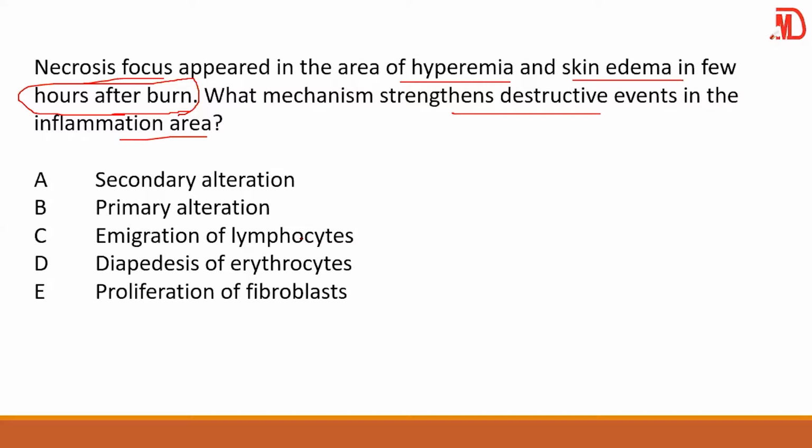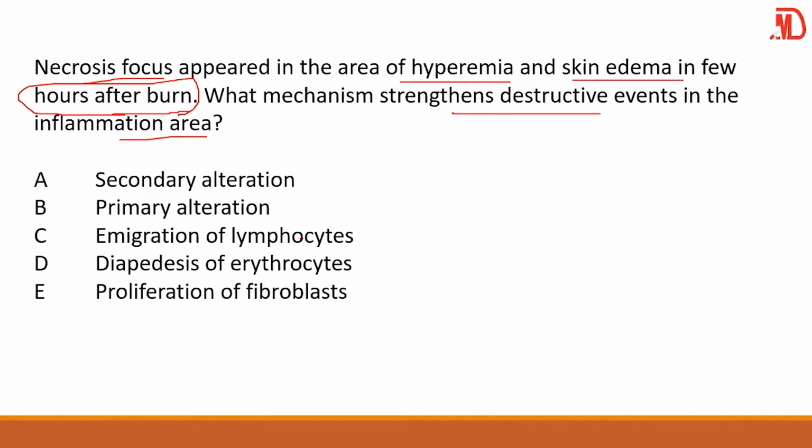It can also be caused by viruses and even high temperatures, such as frostbite. Again, when we're talking about primary alteration, we are talking about what? An agent that is actually going to lead to secondary alteration.